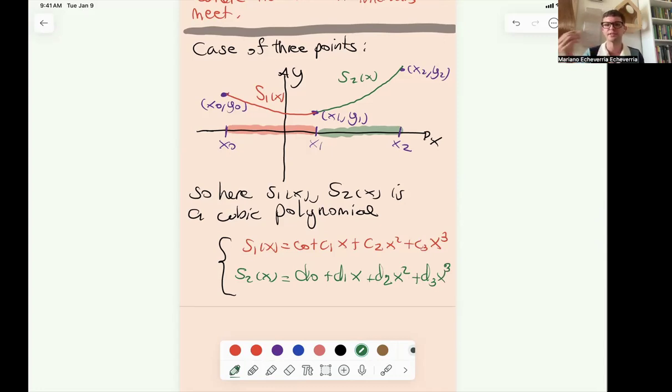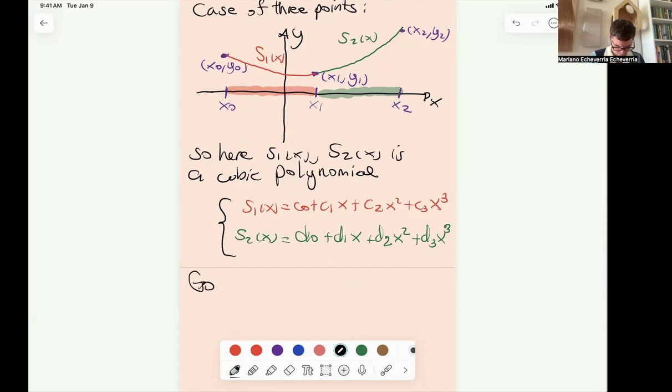So you want to determine C0, C1, C2, C3, D0, D1, D2, D3, right? So the goal is to find them. Is that making sense? So far, so good?